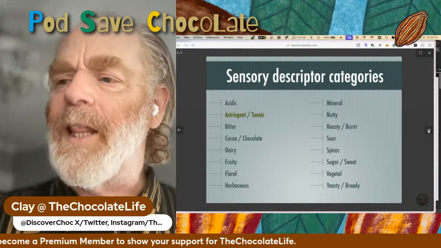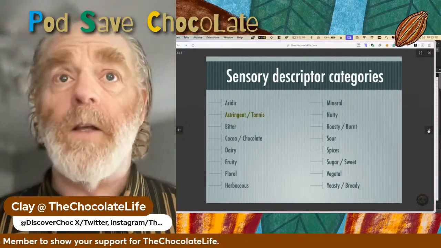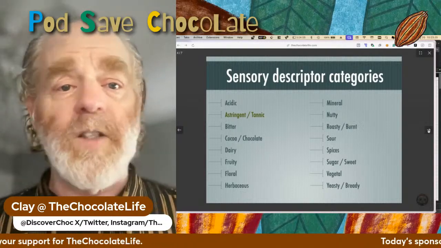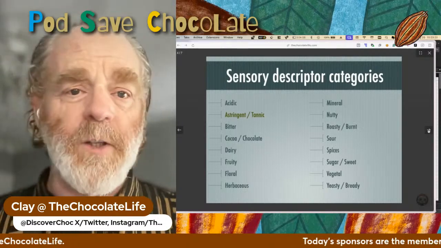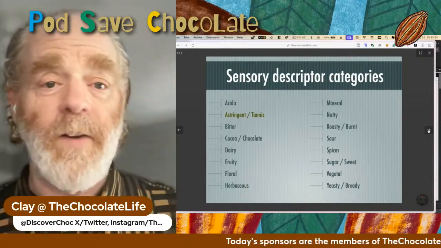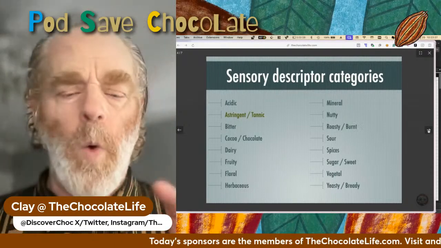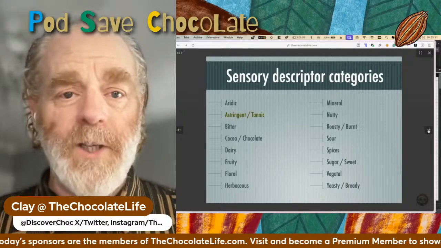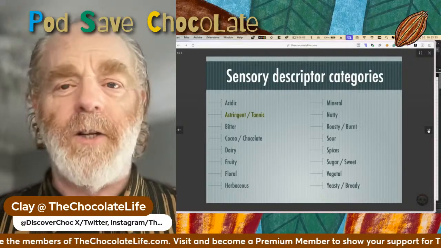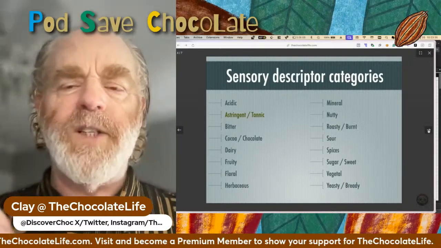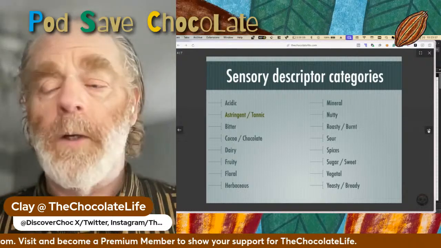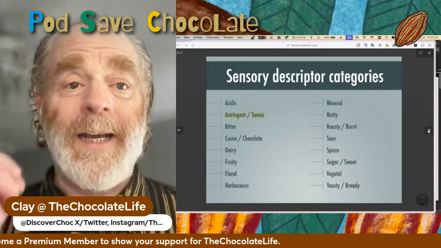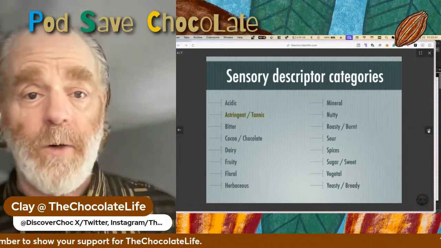What we find is that these descriptors often get used, for example, in the Cacao of Excellence flavor wheel. There's a similar one for the Specialty Coffee Association flavor wheel. We'll organize these into a visualization, which enables us to say, this particular sample has this intensity of this flavor descriptor in it.